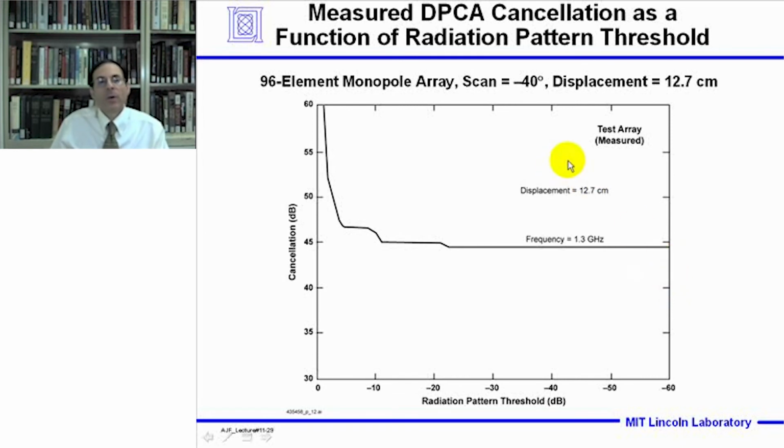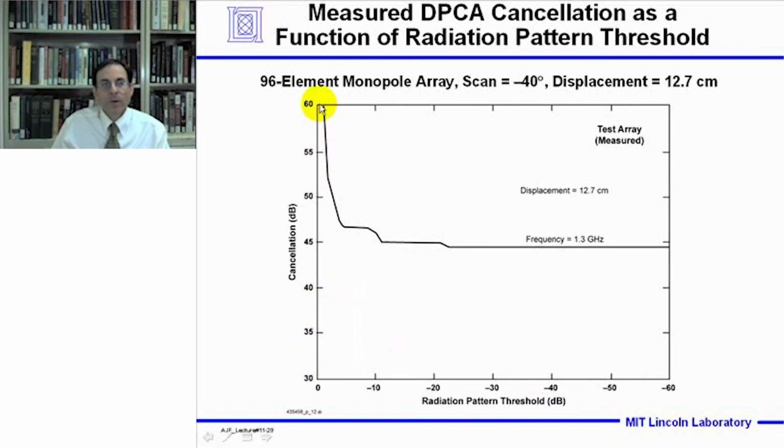So since the beams are very well matched, we would expect to get good clutter cancellation performance. And that's shown in this slide. So this shows the measured DPCA cancellation as a function of the radiation pattern threshold. So the radiation pattern threshold is being varied from the peak of the main beam all the way down to the low side lobes of the antenna.